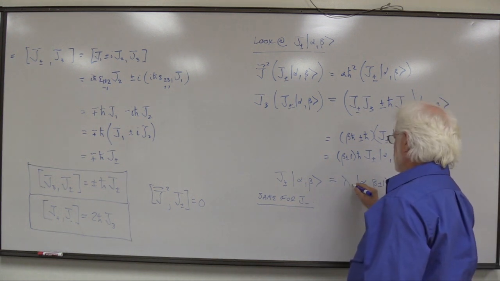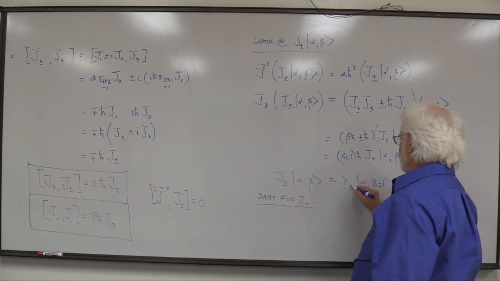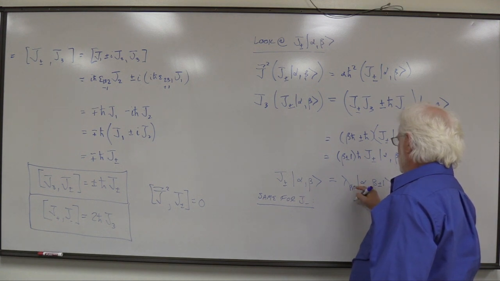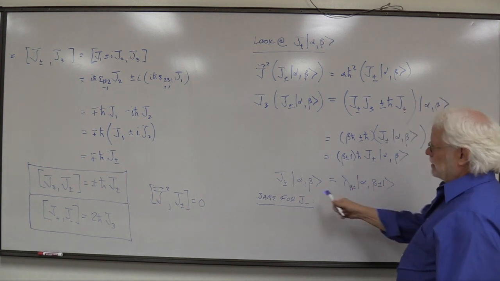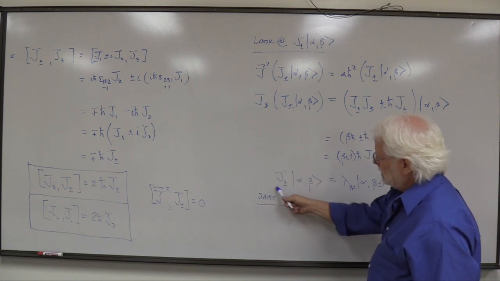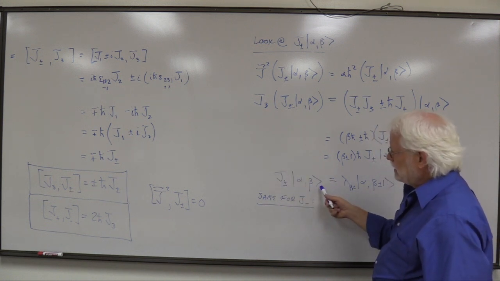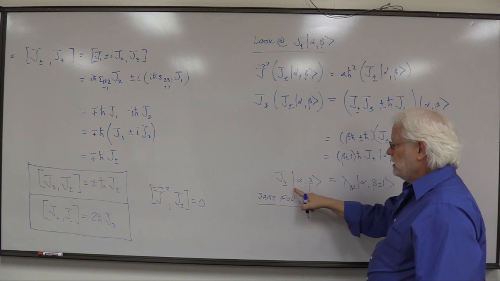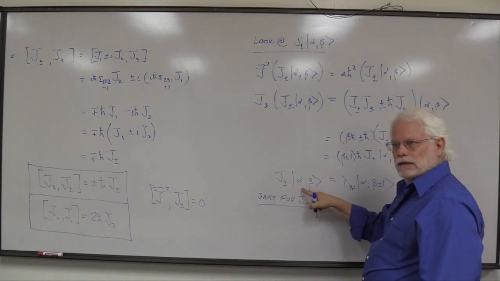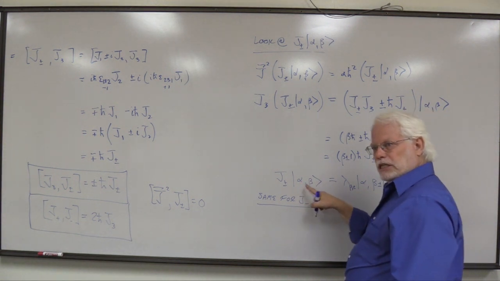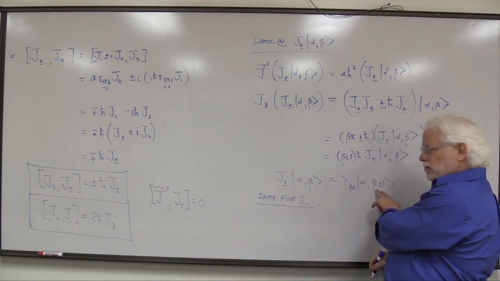Let's label this coefficient. What that means is that this combined state is still an eigenstate of both J squared and J3, but the J3 eigenvalue has changed to beta plus or minus 1.